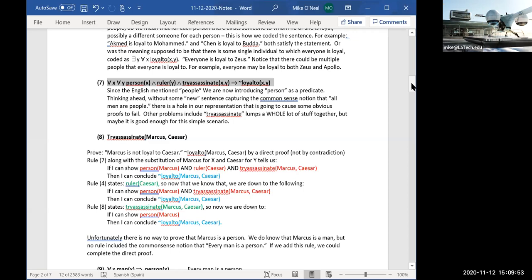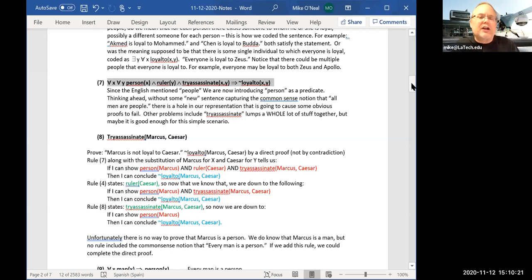Statement 7 deals with all X and all Y. I could try other things, but I could try Marcus and Caesar, because Marcus is a person and Caesar is a ruler.